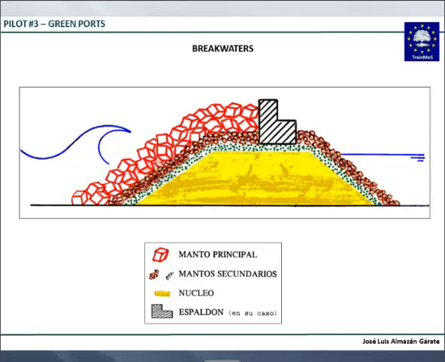you have to install filter layers to avoid this material being washed out. But the filter layers have the only objective of preventing the wash of the material that is just a support to the structure.